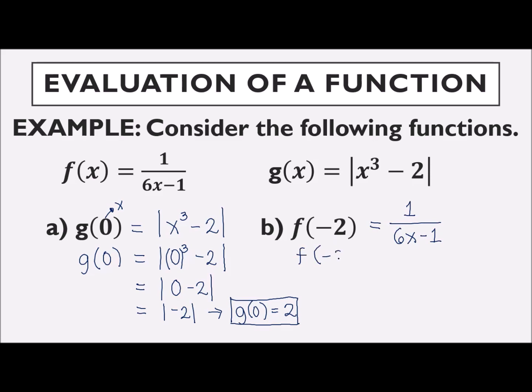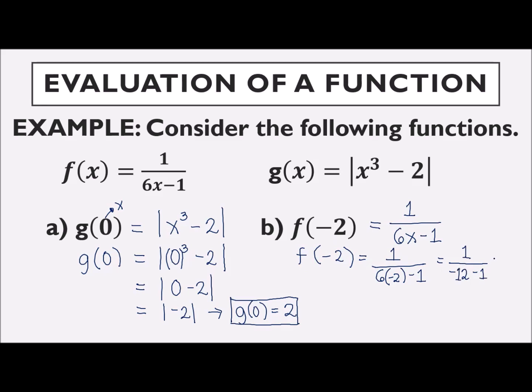So, f of -2 is equal to 1 over 6 times -2 minus 1. Then, si 1, na numerator, wala na tayong magagawa dyan. So, let's just copy it. And then, 6 times -2, the answer here is -12. Then, minus 1.